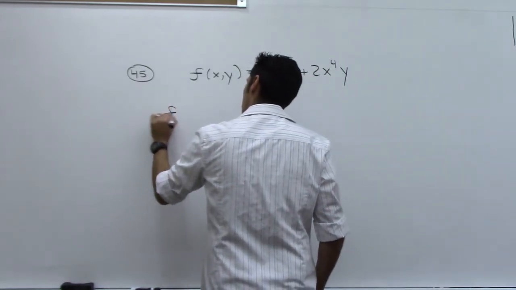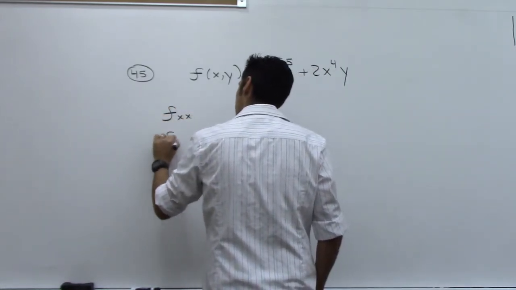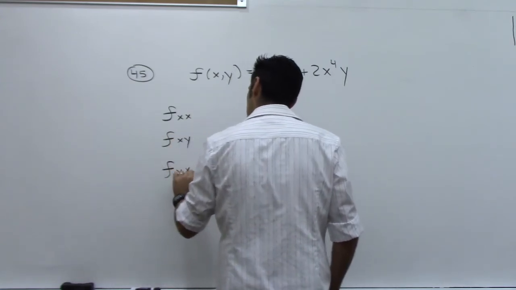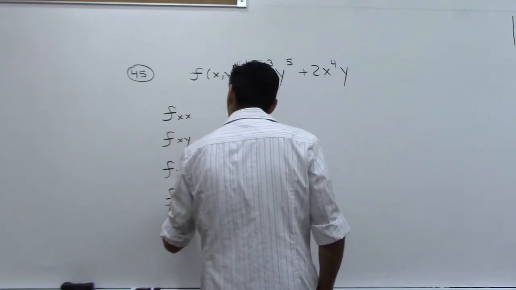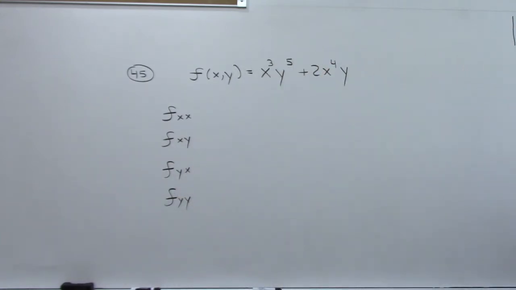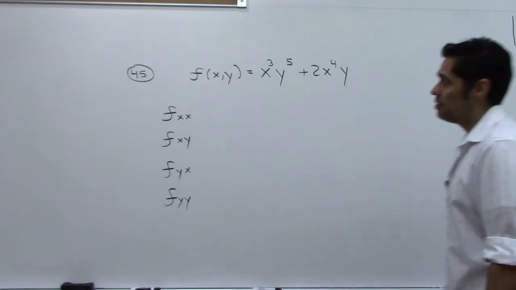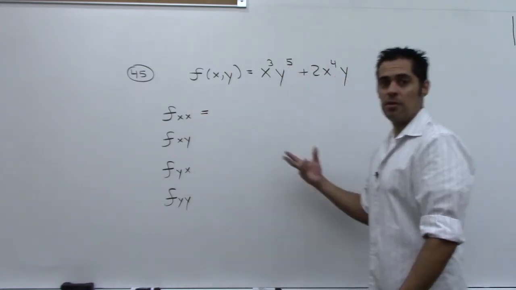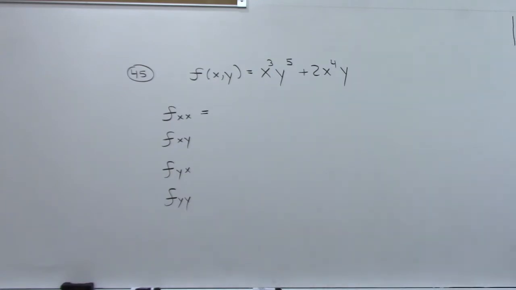So I need to find fxx, fxy, fyx, fyy. Those are the partials I need. So let's look at this. What I'm going to do is take the partial with respect to x first, and then the partial with respect to x again.